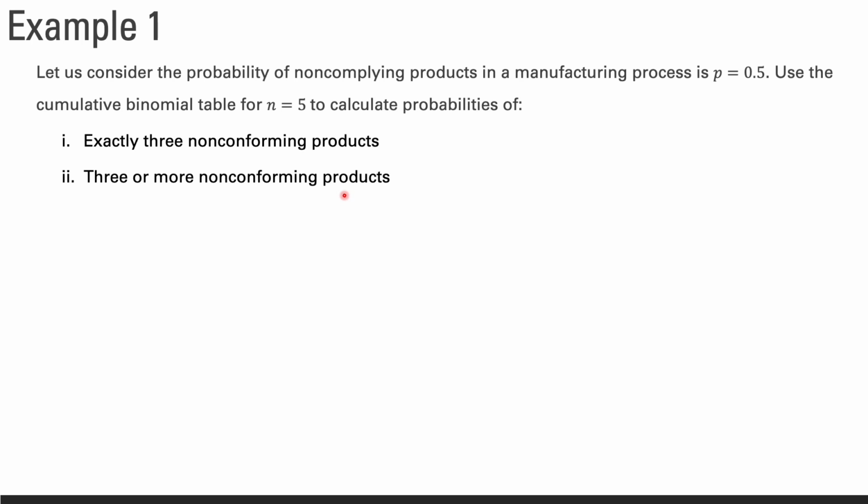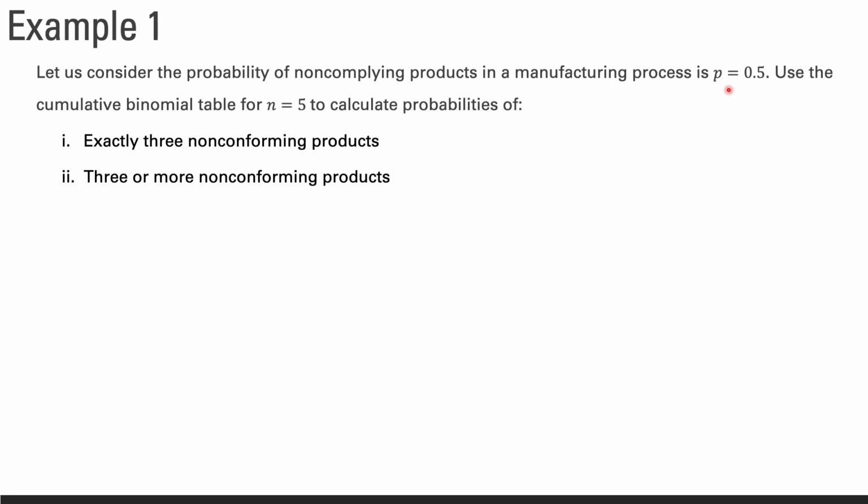It is already mentioned that we have to use the cumulative binomial table, which means this follows a binomial distribution, where the probability of finding non-complying products is 0.5.